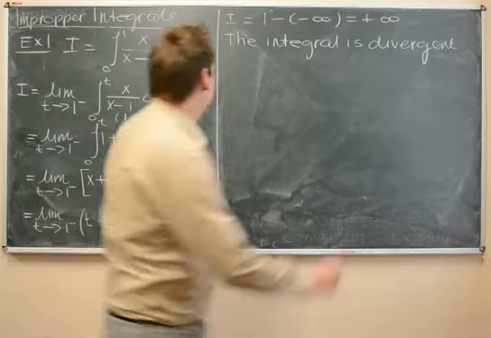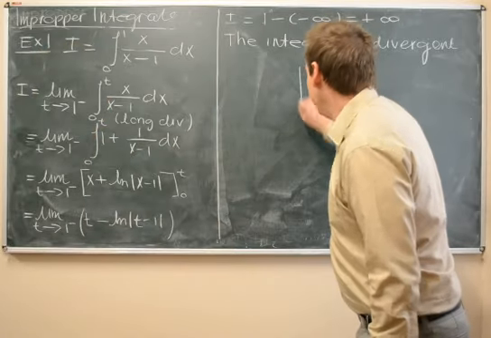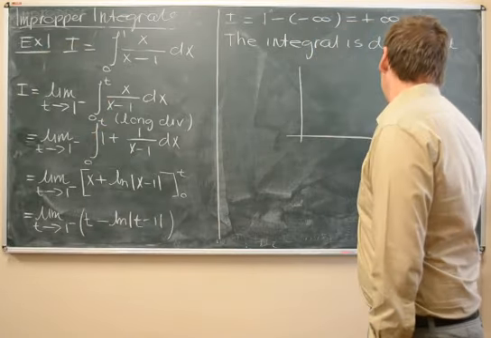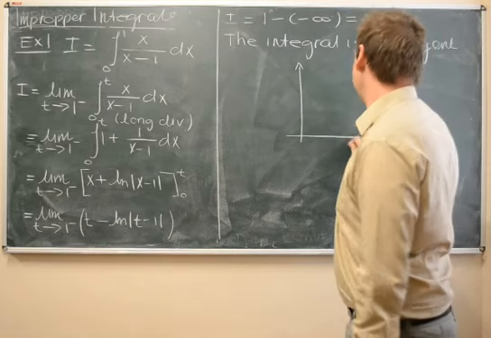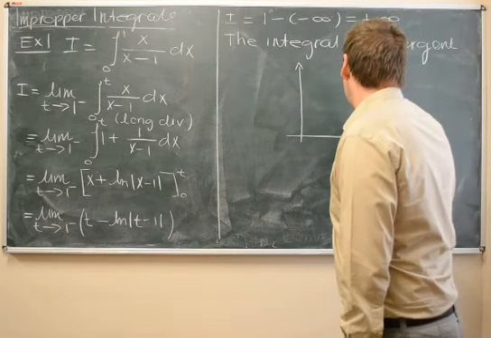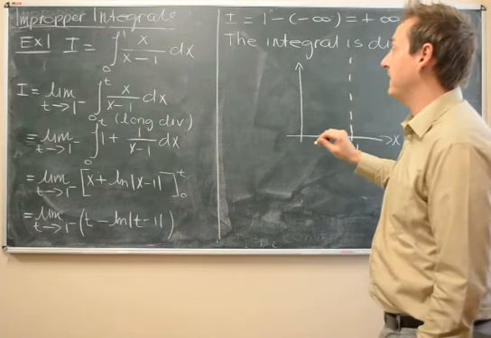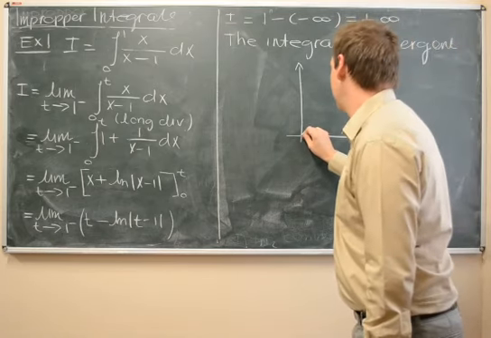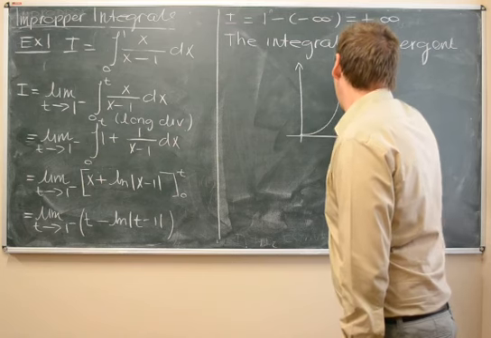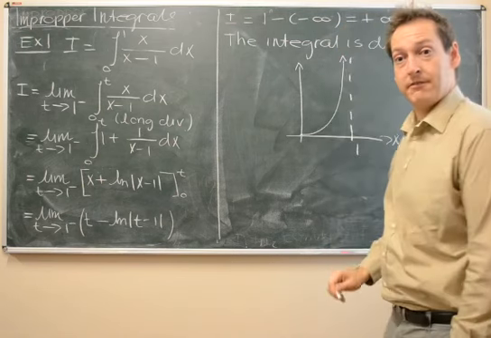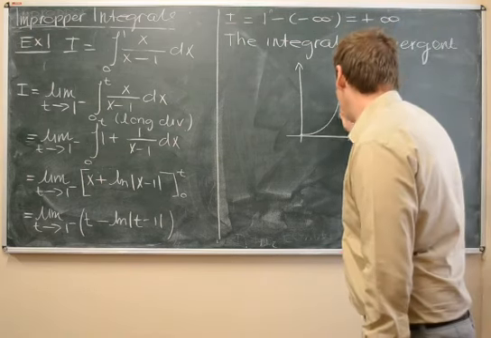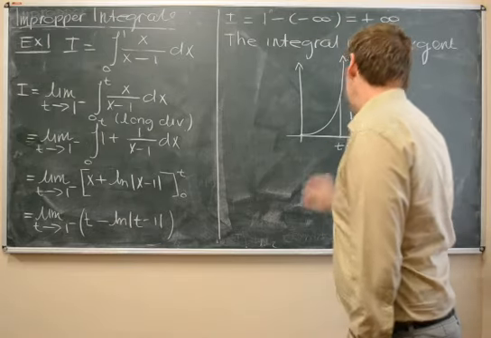So graphically, it looks something like this. There's our function. There's t.